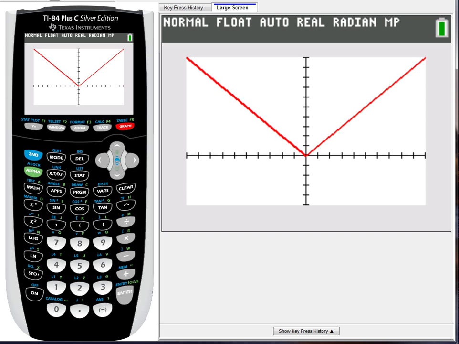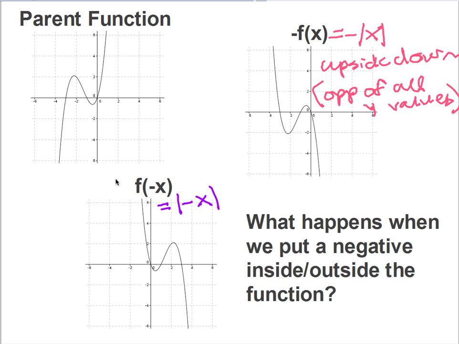If you go back to our x to the third function, it actually does change. How is it different between the parent function and its child? It does the same thing. It flips, but this time it doesn't flip upside down.